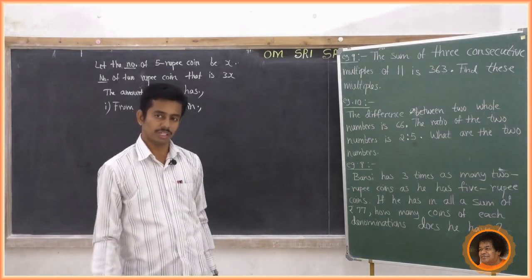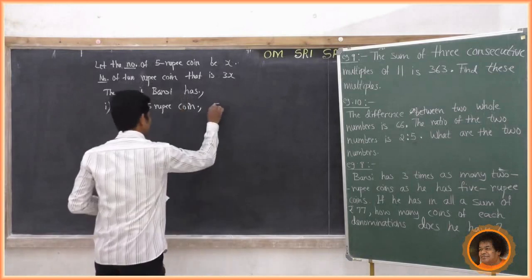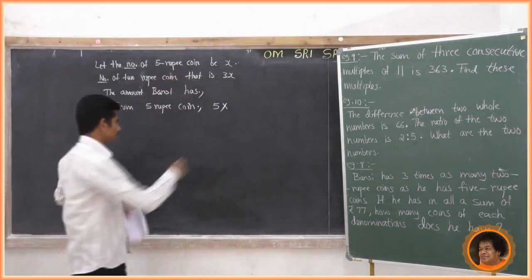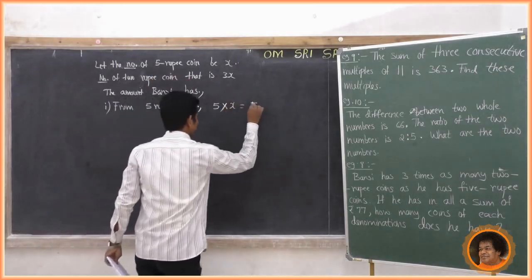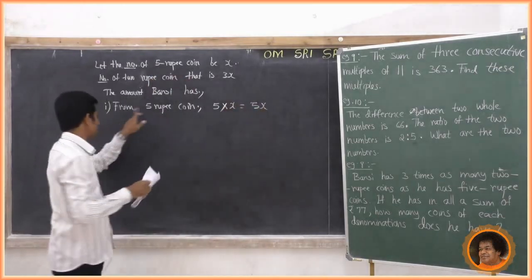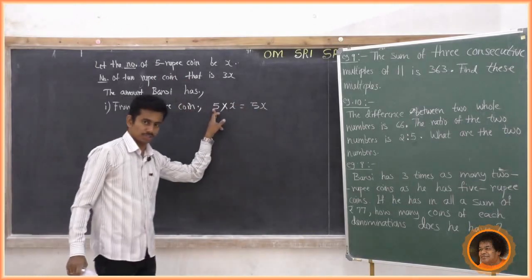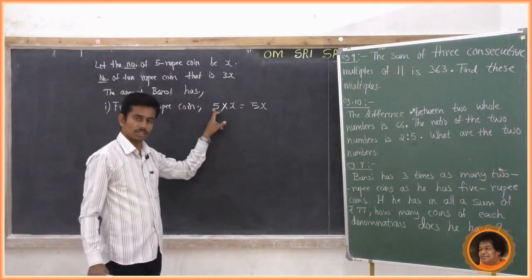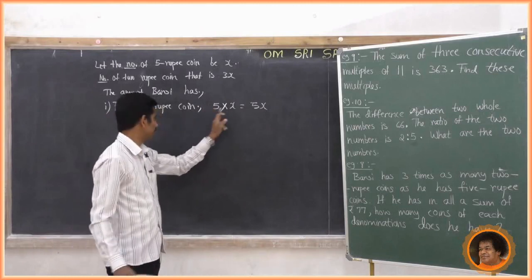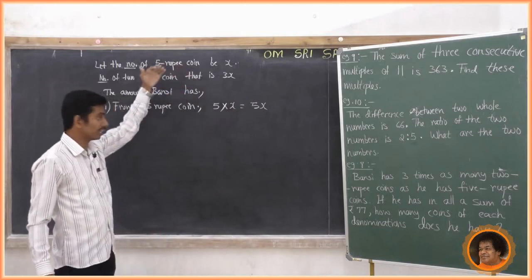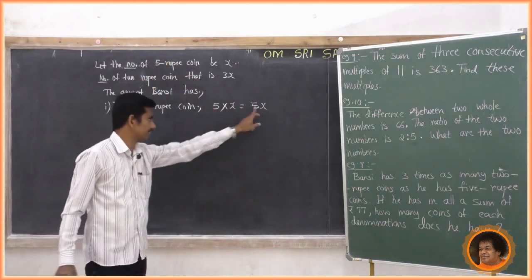It is 5 rupees. So 5 into how many coins he has? It is x. So 5 into x is 5x. Be careful. 5 rupee coin means its face value is 5 rupees. One coin means 5 rupees, into x. What is x? The total number of 5 rupee coins he has. So 5 into x is 5x.